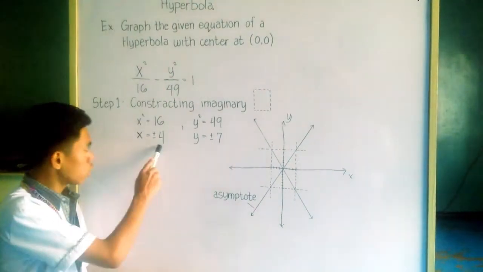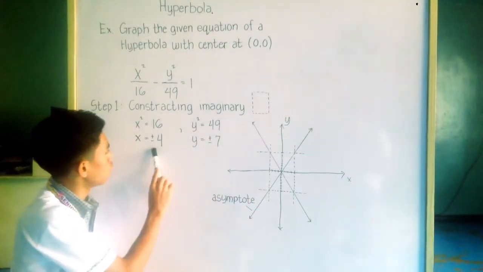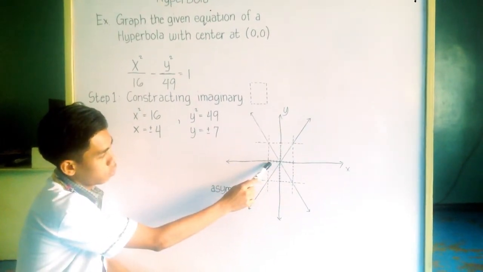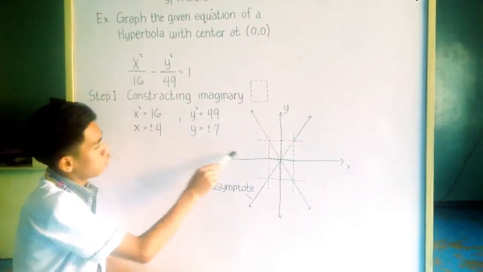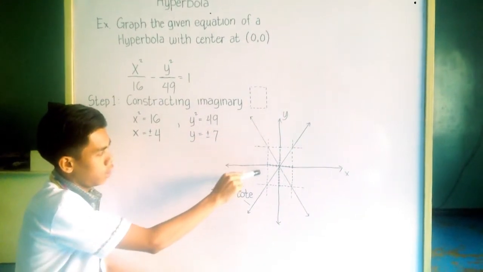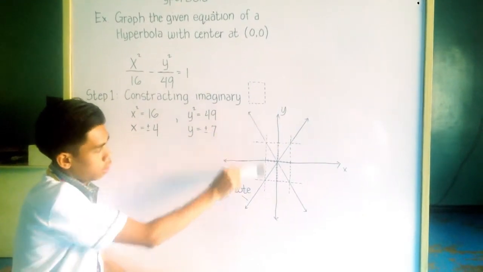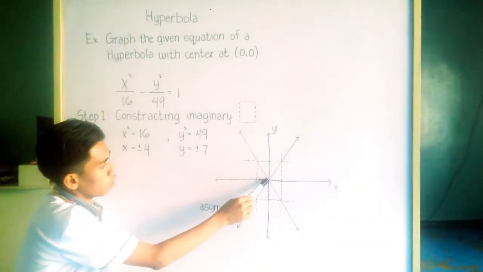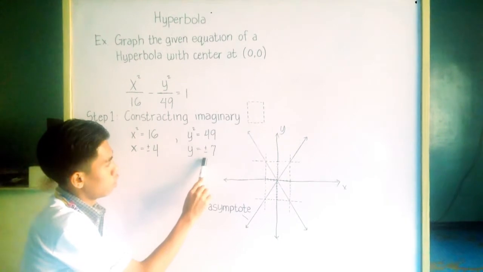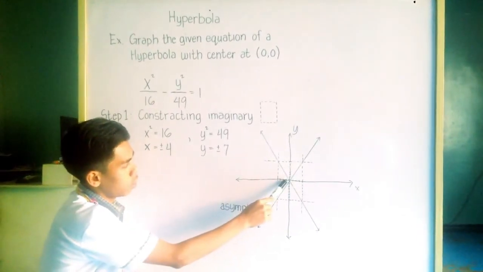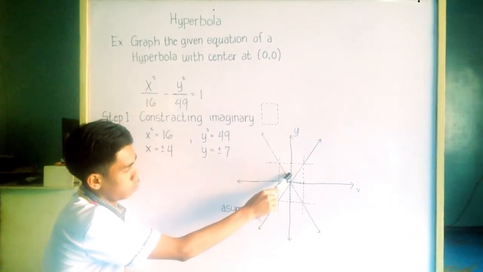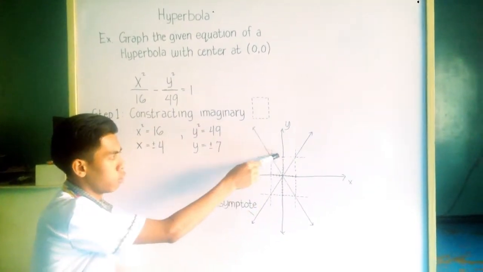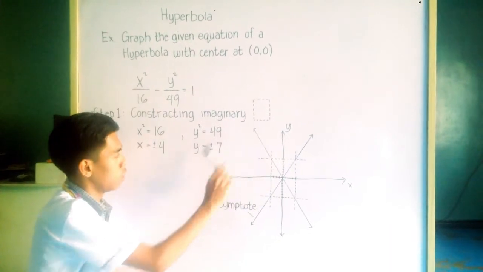So this 4 and 7: the 4 is for the x-axis, so we count 1, 2, 3, 4, and then we draw an imaginary line here in order to make a rectangle. Same with y, plus or minus 7, so we count 1, 2, 3, 4, 5, 6, 7, going up and going down.